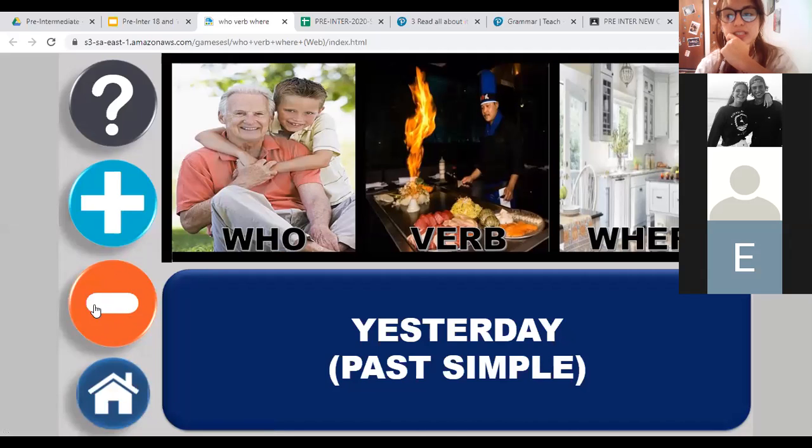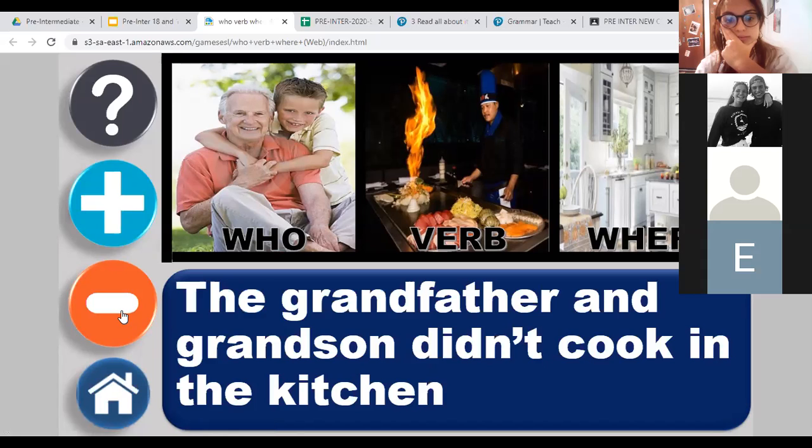A negative sentence. They weren't... They didn't cook in the kitchen. The grandfather and grandson didn't cook in the kitchen.